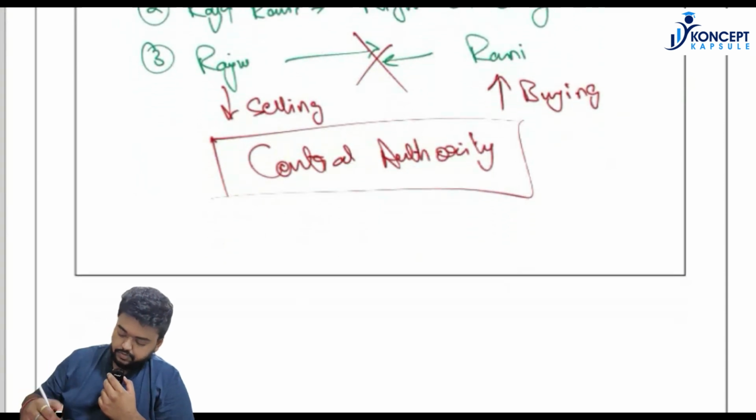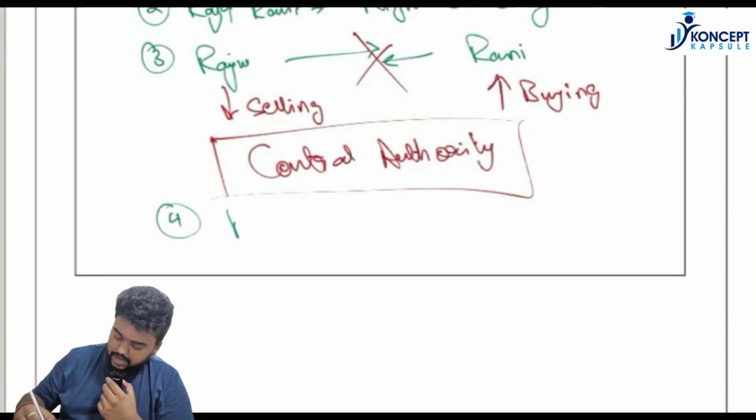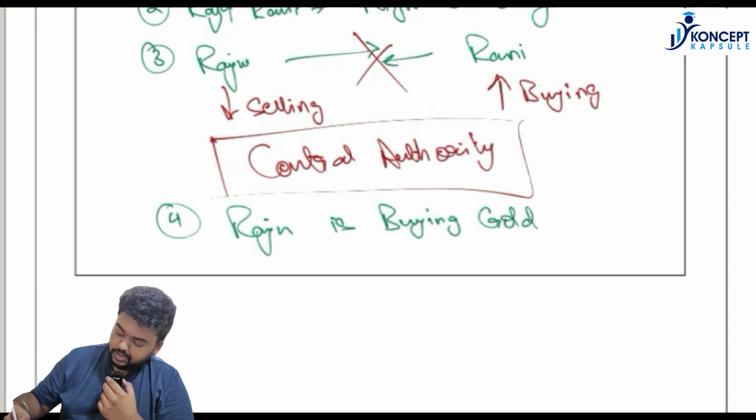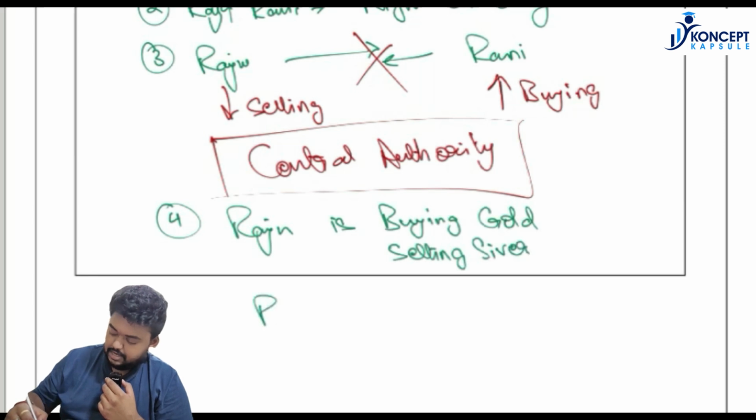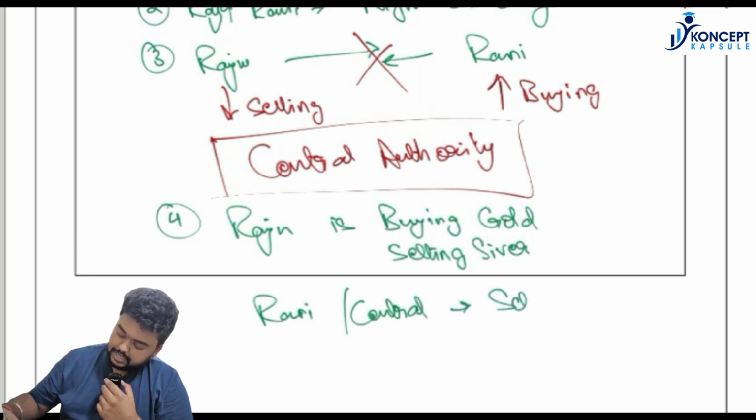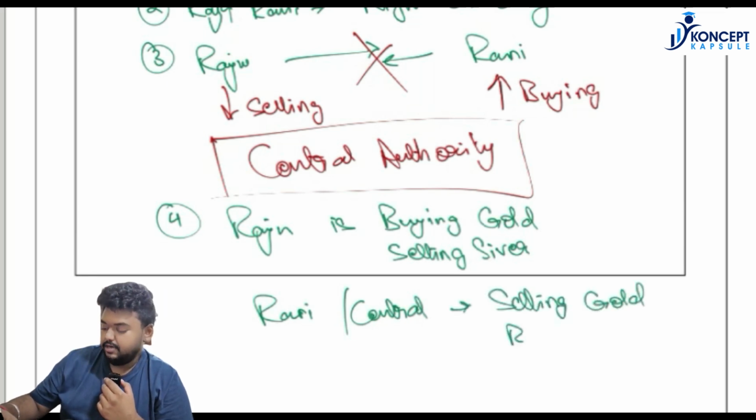There can be a fourth variation as well, where Raju is buying gold and selling silver, whereas Rani or the central authority is selling gold and buying silver.